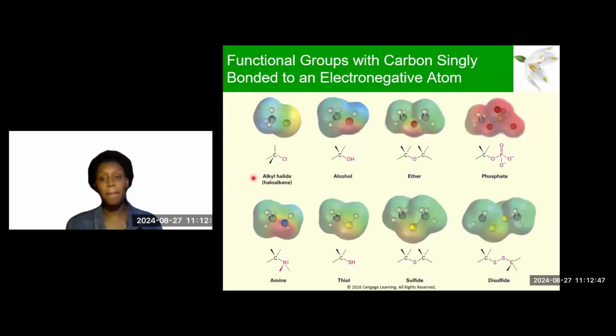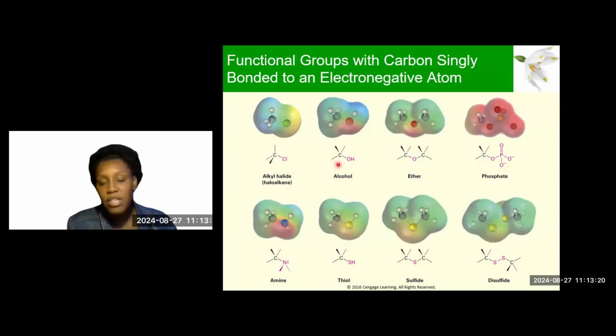So let's look at them again. If you look at the electronegativity map, you see that there's polarity in all of these. But you're looking at how strong the polarity is based on the colors. You can kind of see that. So this one is an alkyl halide again.